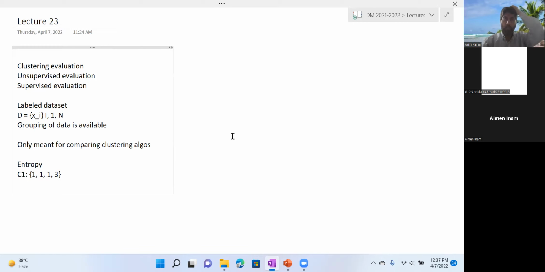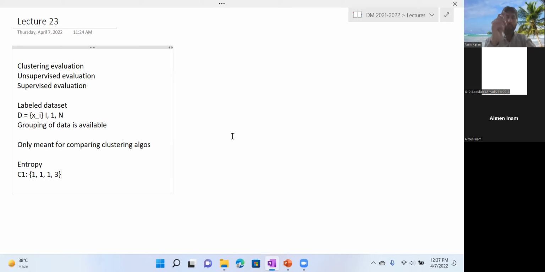The 1, 1, 1, and 3 that I've written are the class labels from the labeled data set of the objects that belong to this cluster. In other words, we have found a cluster of 4 objects. Based on the labels that we have, we know that 3 of these 4 objects belong to class 1, and 1 of them belongs to class 3.